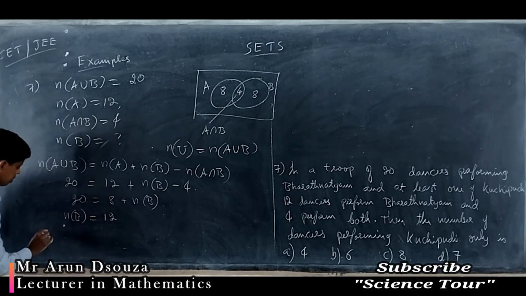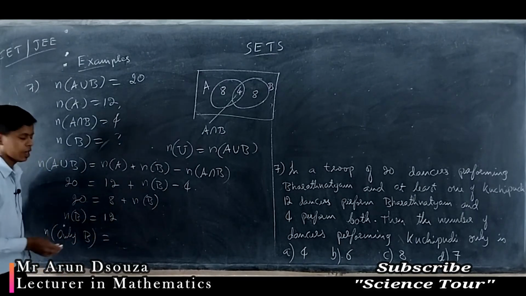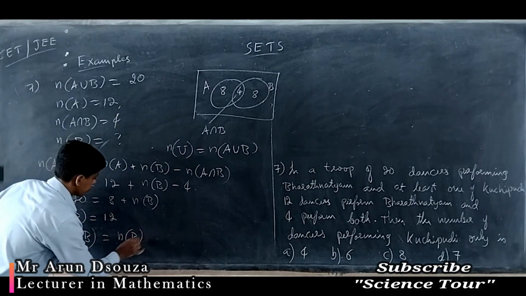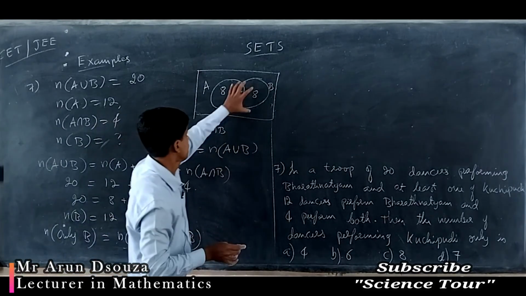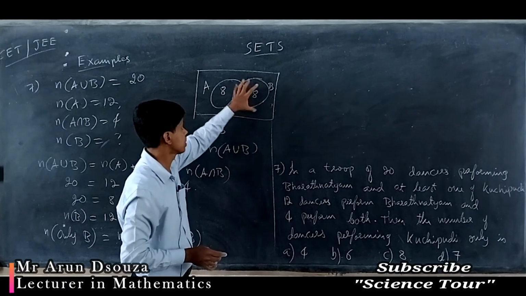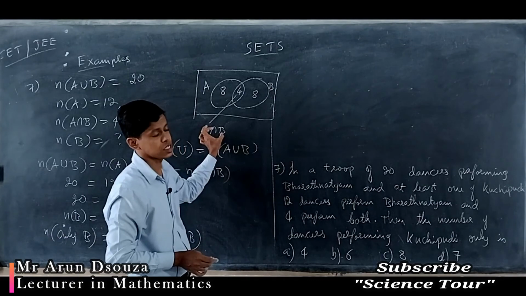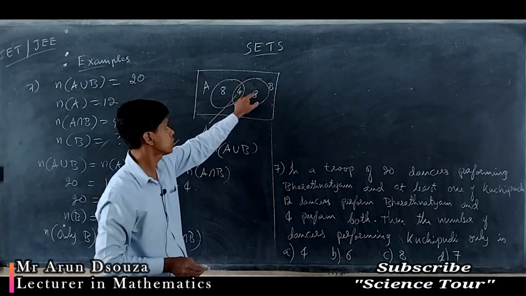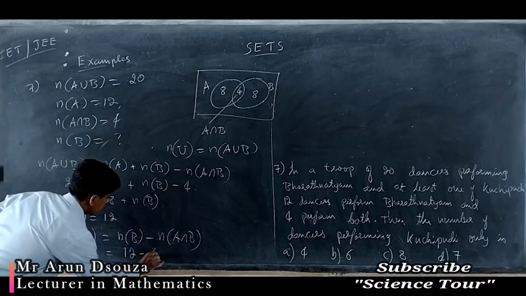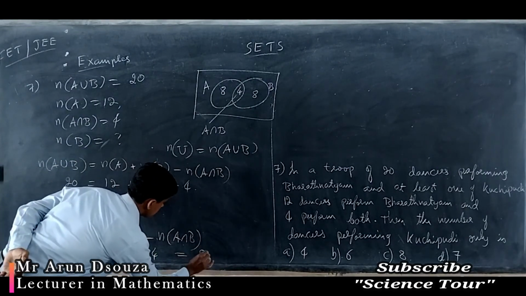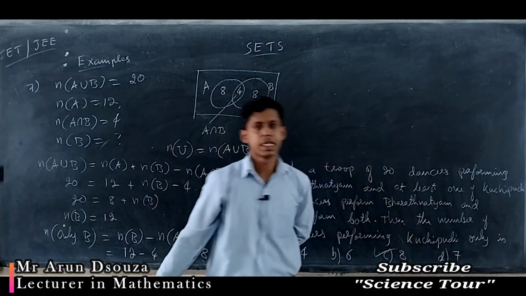Now you need only B. So only B, how will you find? It is n of B minus n of A intersection B. Understand? n of B is 12, from n of B remove the intersection and you will get only B. So this is 12 minus 4, which is 8. So 8 is the right option here.